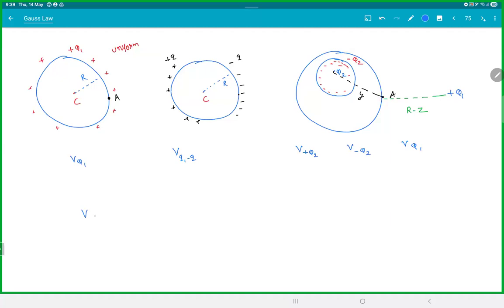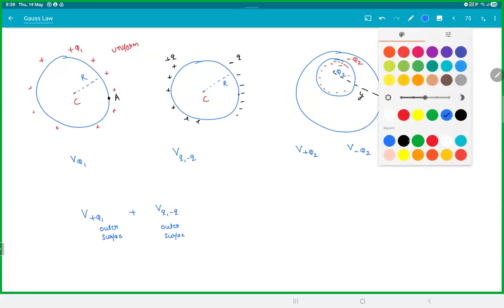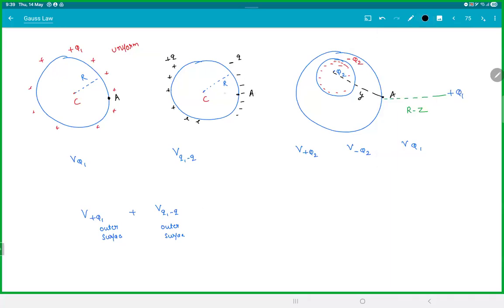So that would be V due to plus Q1 on the outer surface plus V due to Q and minus Q on the outer surface. I don't know how much this is because I can't calculate it. Center was lucky because center was equidistant. A is not equidistant.